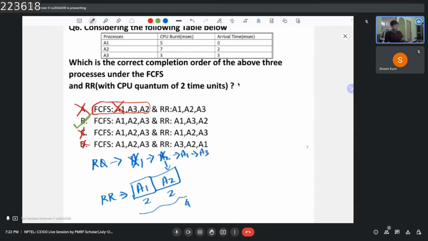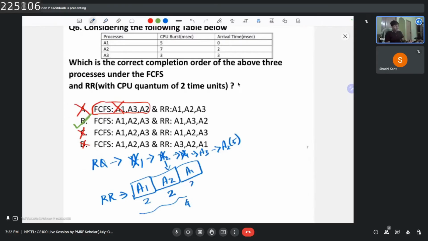And once this 2 time quantum is over for A2, A1 gets scheduled onto the CPU, and A2, since it has some remaining, got executed for 2 units alone, and remaining is 5. So now A2 remaining is 5, it gets added to the ready queue again, in the last position.